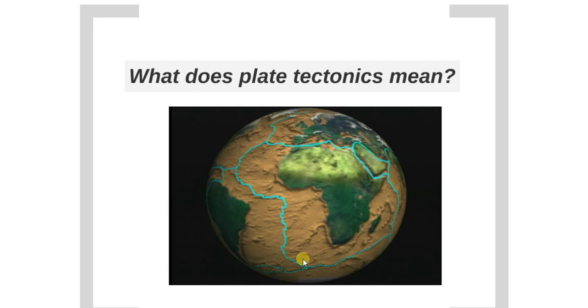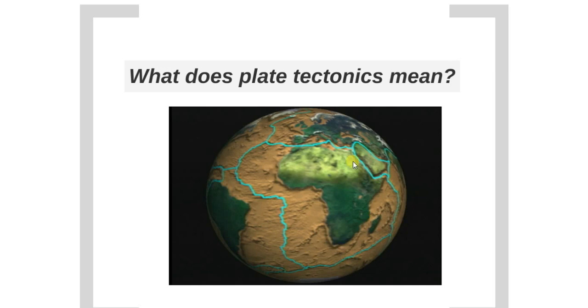Now, what we actually have is the theory of plate tectonics. That is our best understanding currently with all of the evidence we have so far. It's the most well supported theory that we have to date.